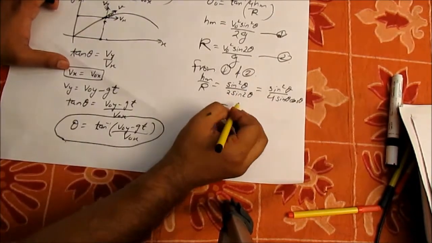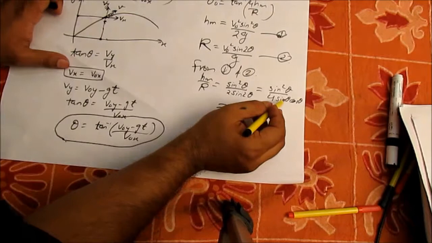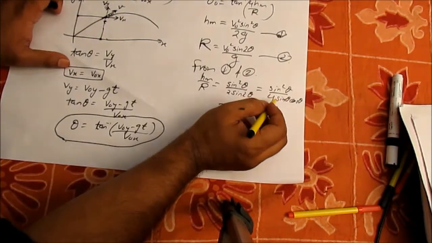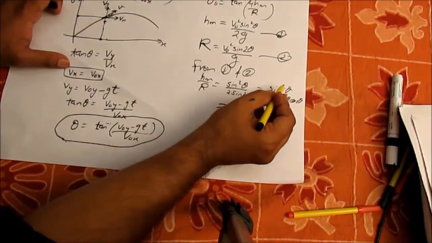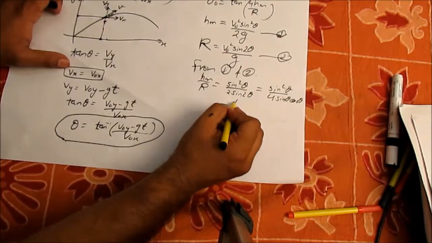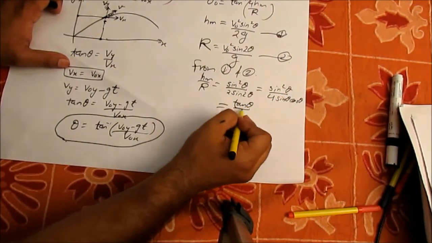So it comes out that a sine will cancel out with each other, and I will get sine theta by cos theta, tan theta by 4.